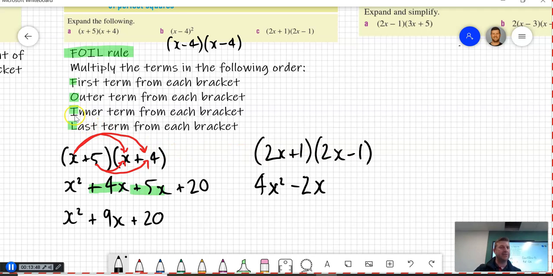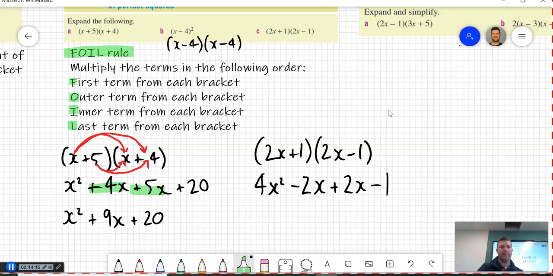And then I'm going to do the inner terms. So positive 1 times 2x is plus 2x. And I'm going to do the last term from each bracket, which is positive 1 times negative 1. 1 times 1 is 1. Positive times a negative is negative. So it's negative 1. Again, I'm left with 4 terms because you're doing basically 4 sets of multiplication.